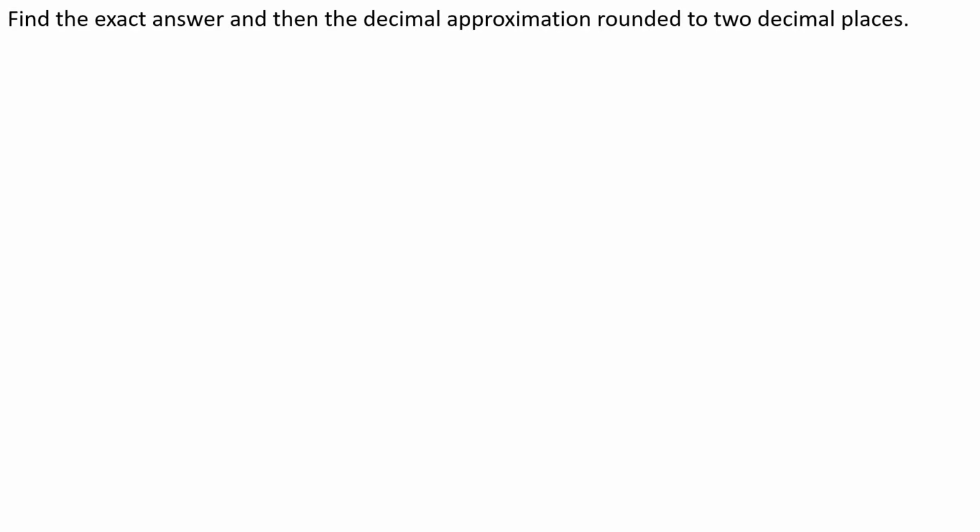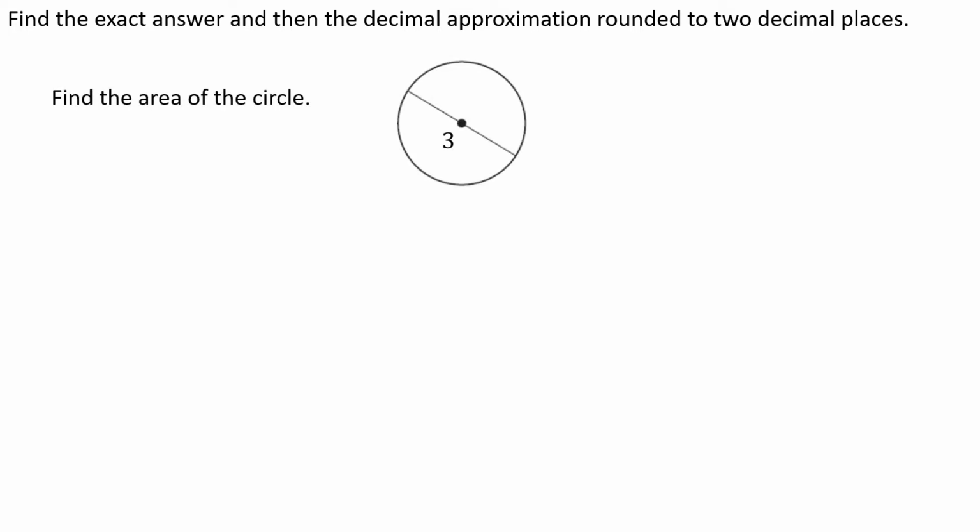Okay, so again, let's find an exact answer and also a decimal approximation. Let's find the area of the circle. Okay, well, I know area is pi r squared. And of course the radius is, what is the radius? It's not 3, is it? The diameter is twice the radius.